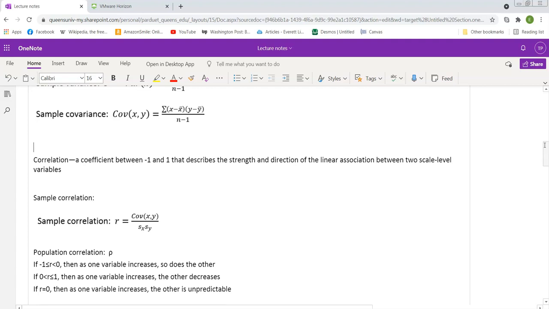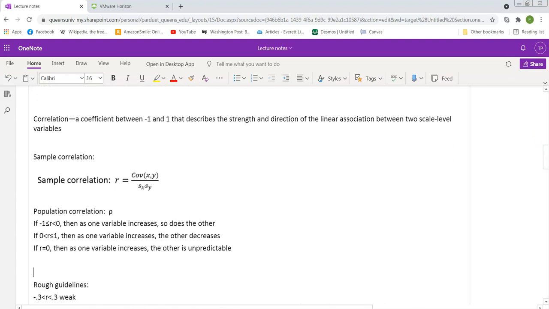A negative correlation is a negative slope. So as one variable increases, the other one decreases. And then if we have a correlation of 0, it means we really don't have a predictable relationship. So as one variable increases, the other one could kind of go either way.